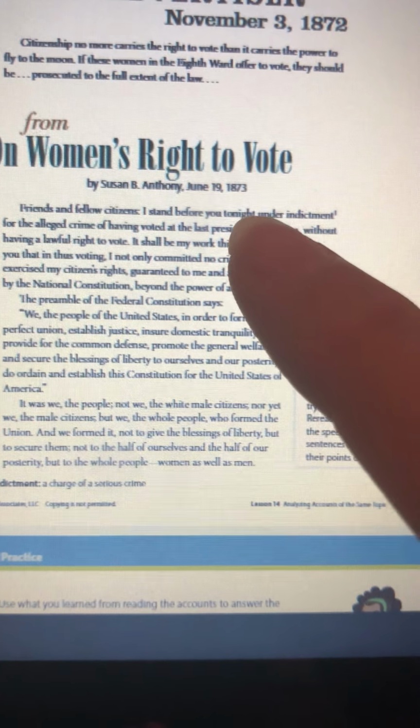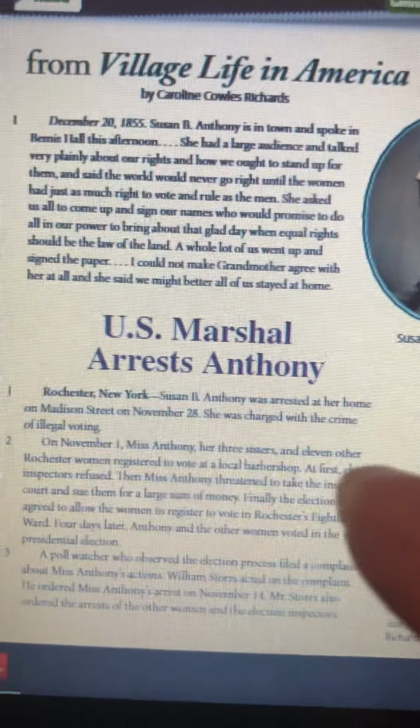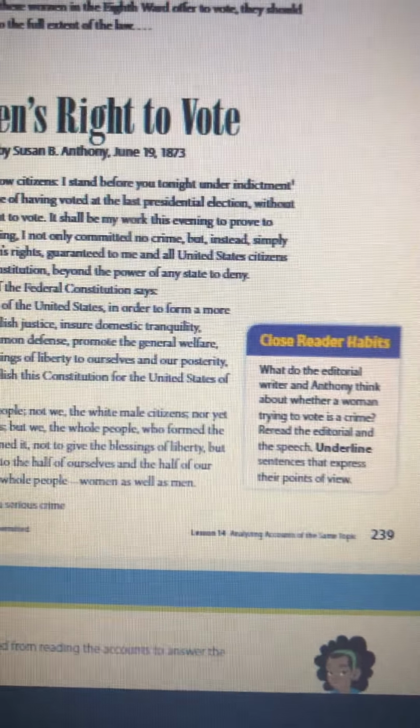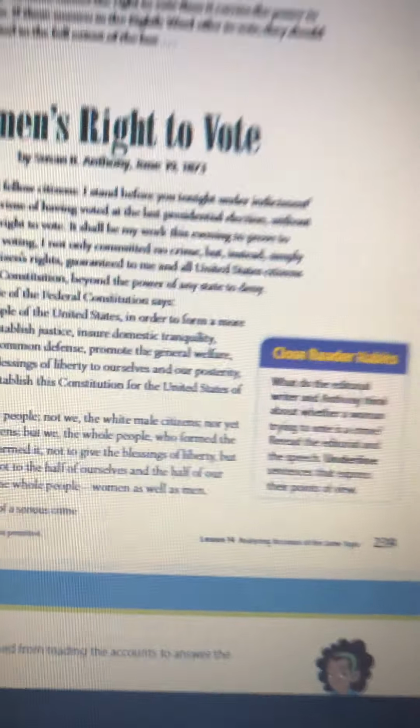Ooh, so this one's written by Susan B. Anthony herself. These are written by other people talking about Susan B. Anthony. Okay, so you'll read through these two, go through the closed reader habits, write it down on a piece of paper to help you, because this will help you to answer the following questions.